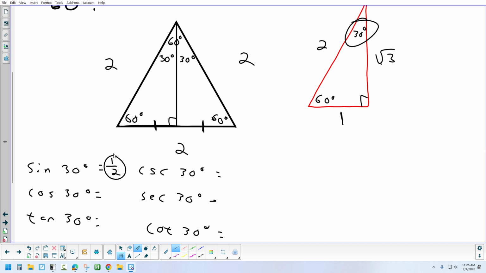We want cosine. Anybody help us out? What's the formula for cosine? Yeah, adjacent over hypotenuse. So what's the adjacent in this problem?